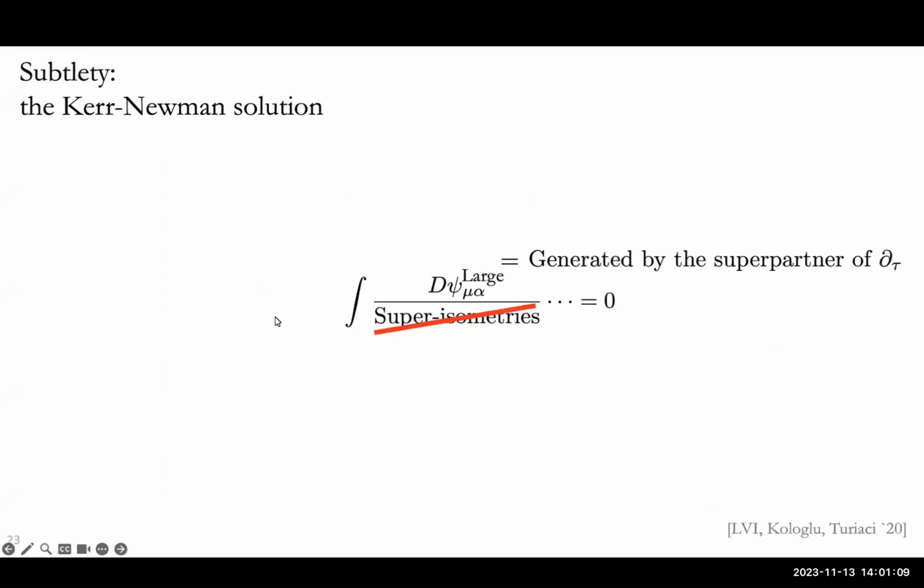To give you a better intuition, these perturbations of the gravitino that are zero modes come from large super diffeomorphisms that are generated by the superpartner of this killing vector, which is partial tau. In the case of the solutions that have n equals 0 or minus 1, the quotient by superisometries precisely cancels this integral over zero modes in such a way that there's no longer an actual fermionic zero mode and you get a non-zero result.